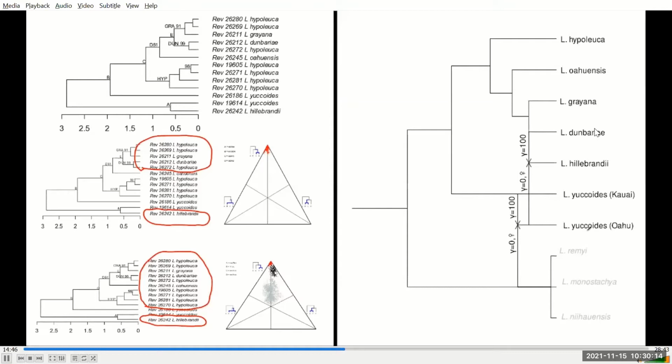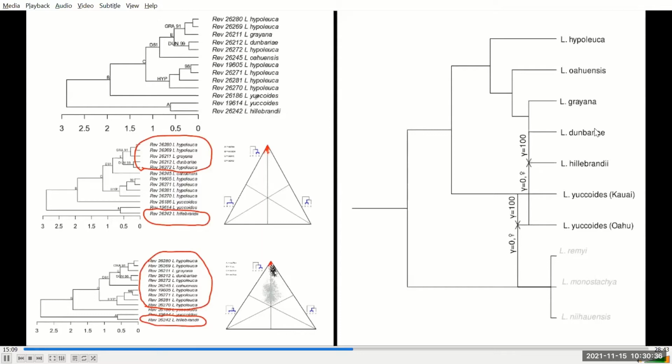claim that the Eucoides on Oahu is a hybrid with the Eucoides on Kauai, and it got 100% of the nuclear genes, but none of the plastome. And so that's how those two ended up being sister in the nuclear genes. And then Hillebrandii actually does line up with the Dunbarii and Grayana. How did that happen?